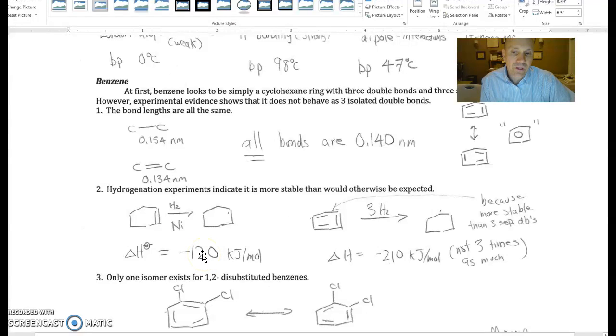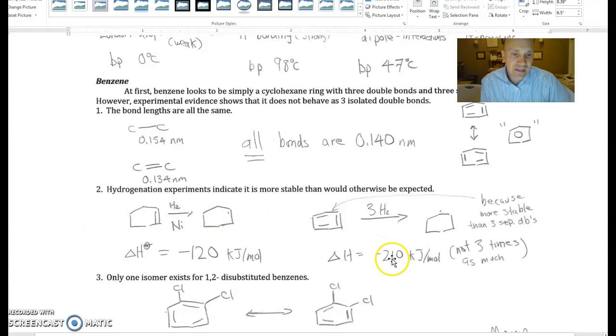So if benzene were nothing but cyclohexane with 3 separate double bonds, you would expect the amount of energy given off when you hydrogenate this to be 3 times as great as this, because there would be 3 times the number of double bonds.